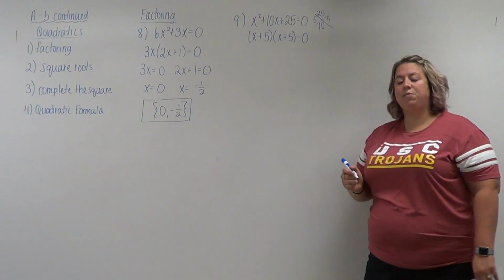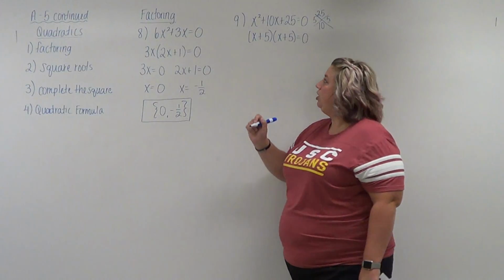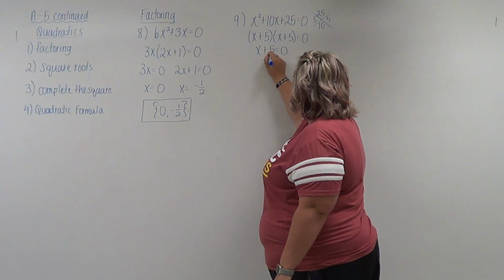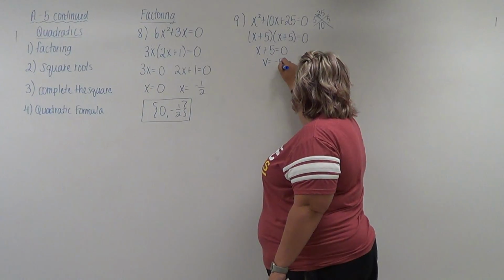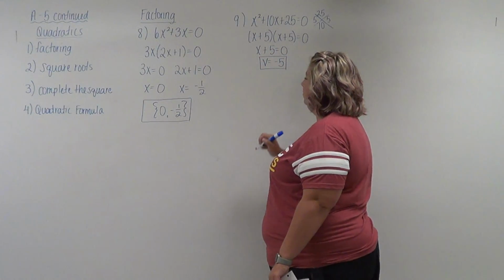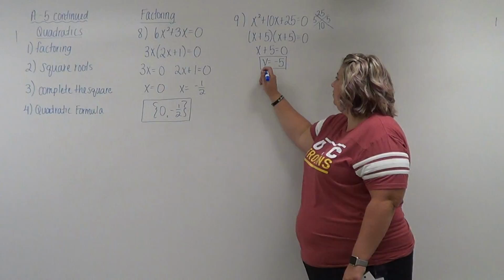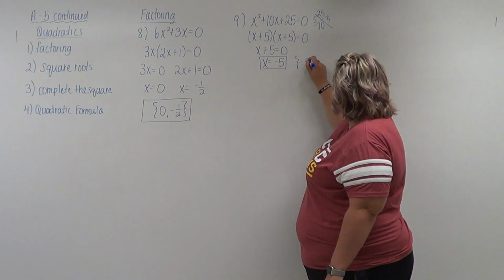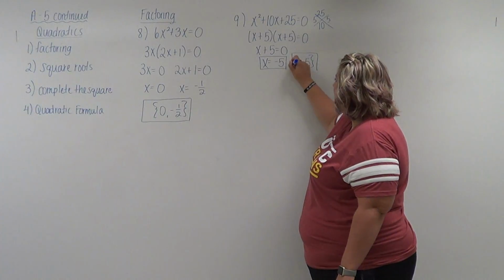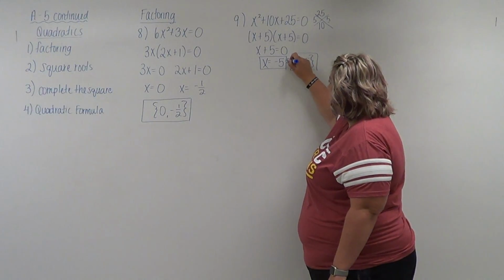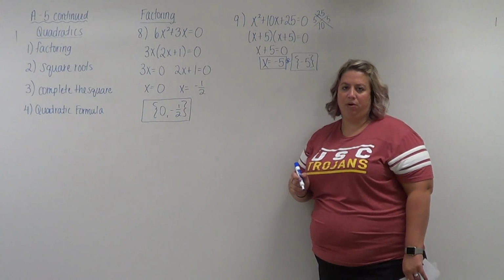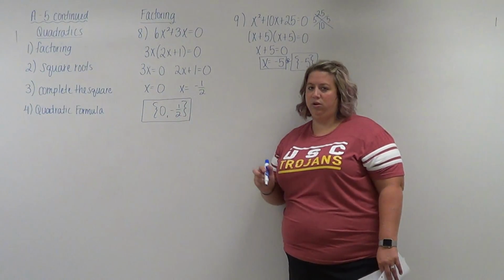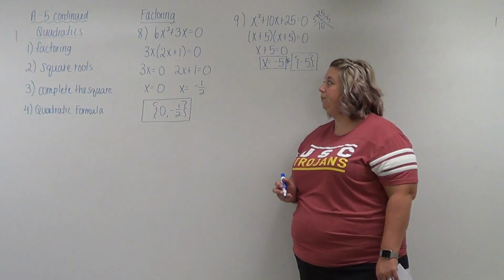Okay, since those are going to be the same answer and they repeat, you technically only need to solve it one time, because you're going to get the same answer. Your answer is -5. Now if it makes you feel better, since it's a quadratic, you can put that answer in solution sets, even if there's only one number. But you don't have to if there's just one number. Only time you have to use solution sets is when you have more than one number in your answer.